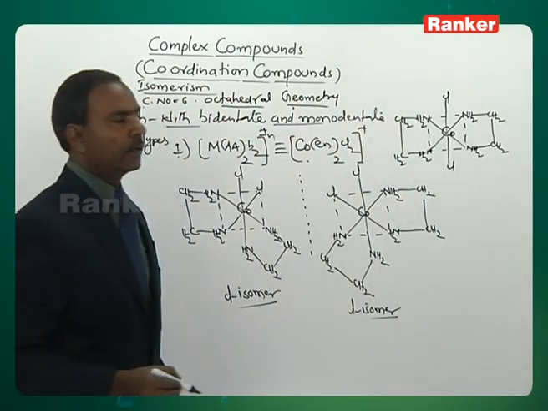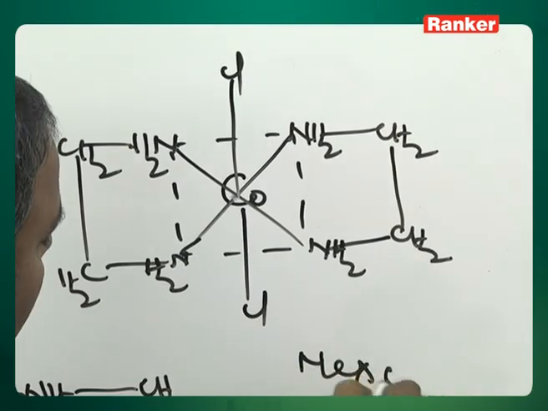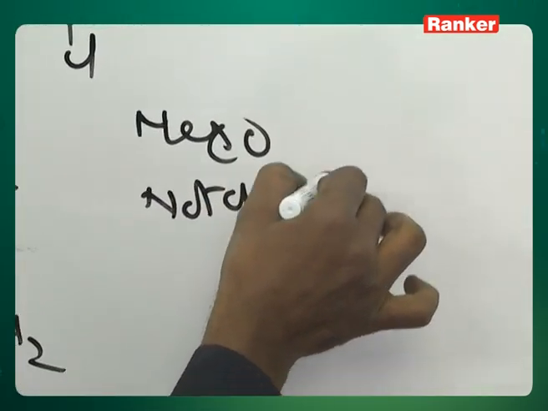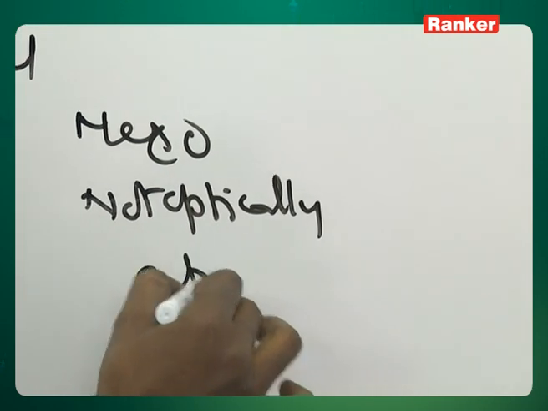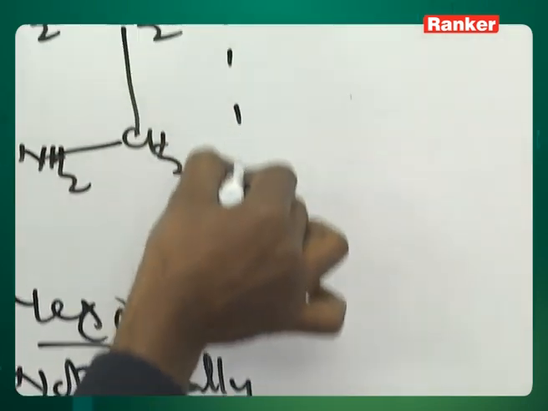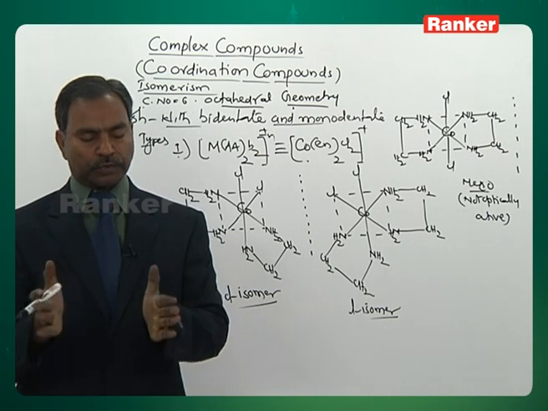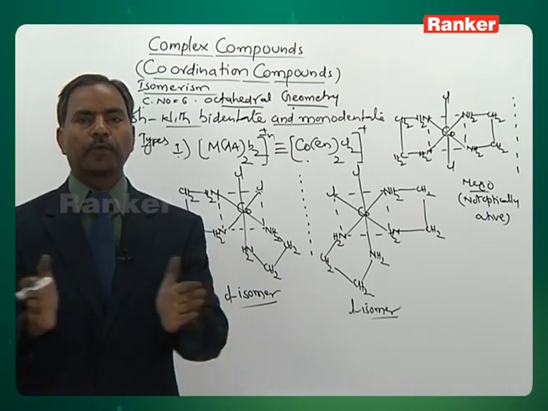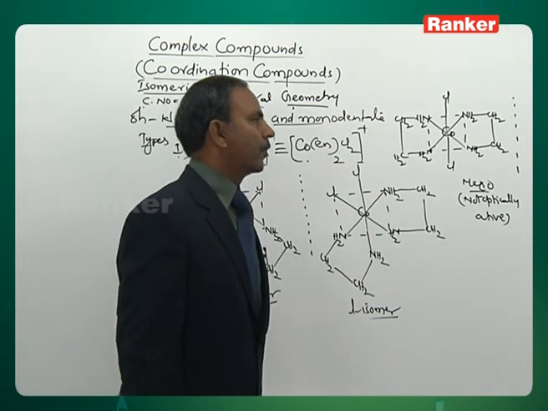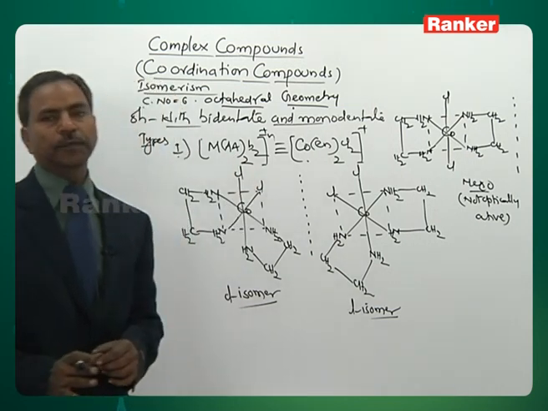This is optically inactive. This is trans, but this is what we can take as meso. Meso is not optically active. You are getting a mirror plane, check it. Then you are getting a superimposable mirror image. Therefore, that is optically inactive. Meso compound is achiral.